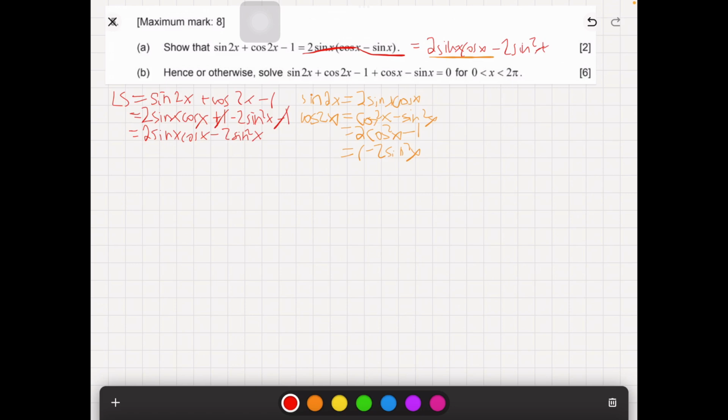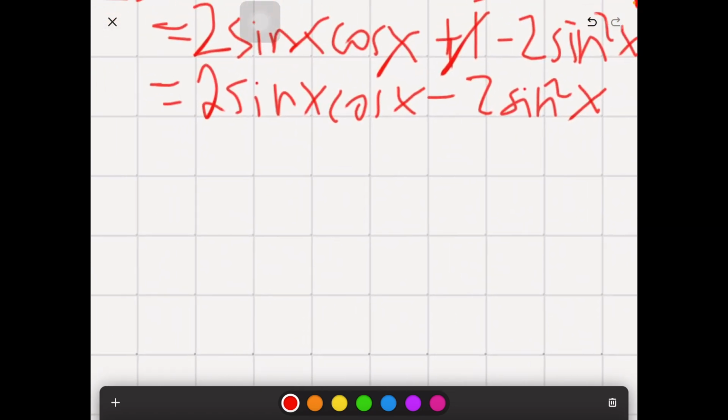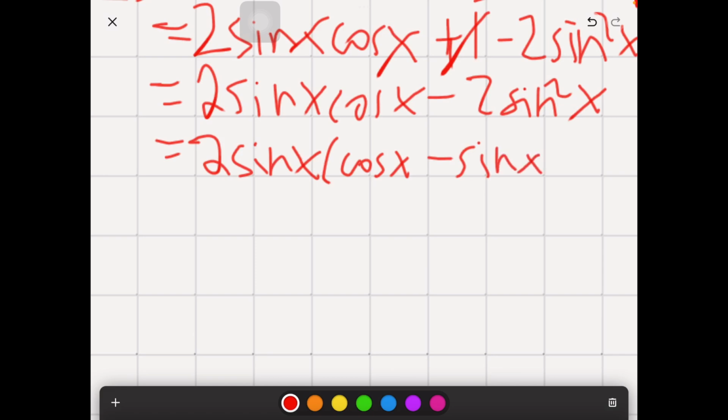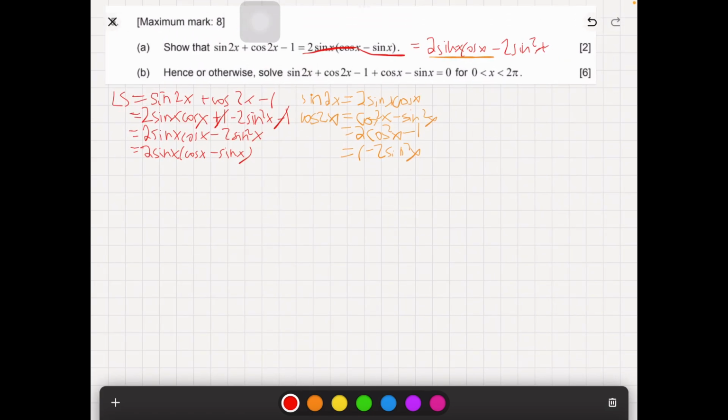But all we have to do now is factor out a 2 sine x, and we basically have the same identity that's on the other side.